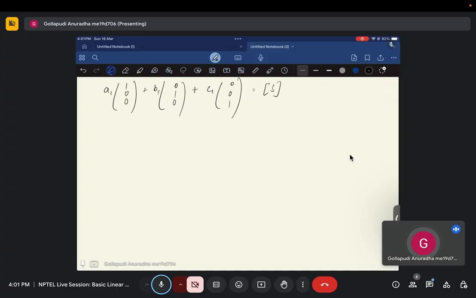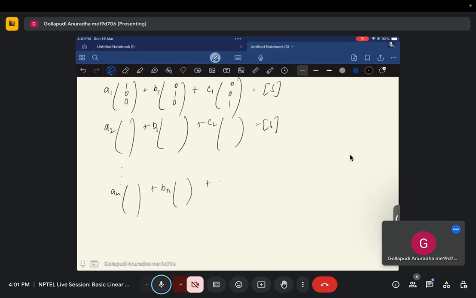Similarly, if I do it for A2, B2 and C2, that is also in the span of S. Like that there can be many things. But the statement says the span of the span.